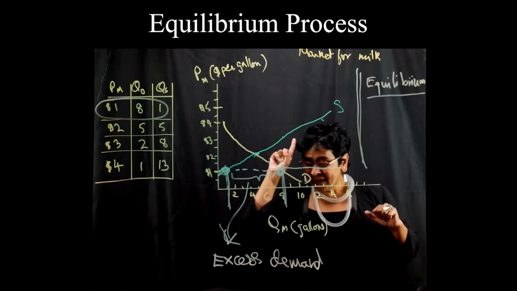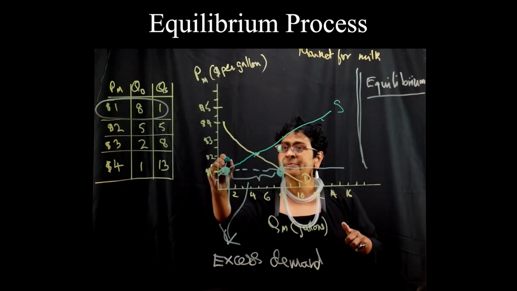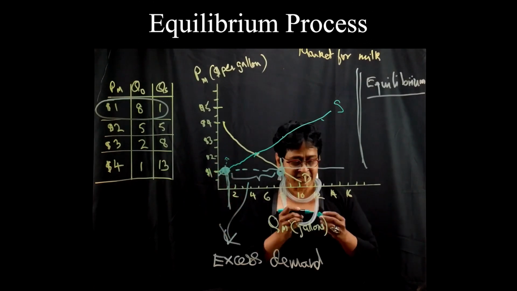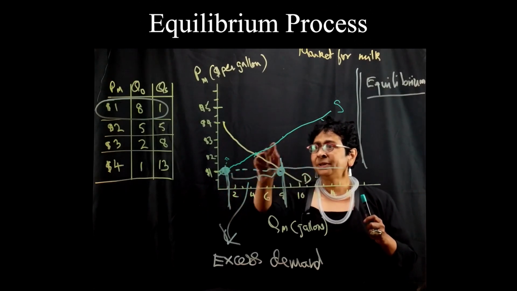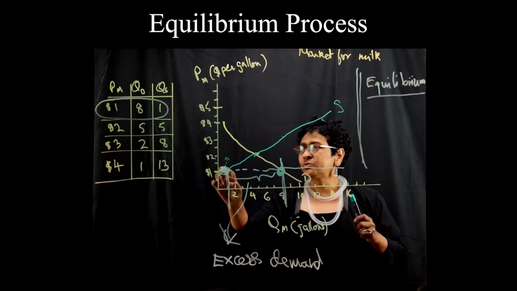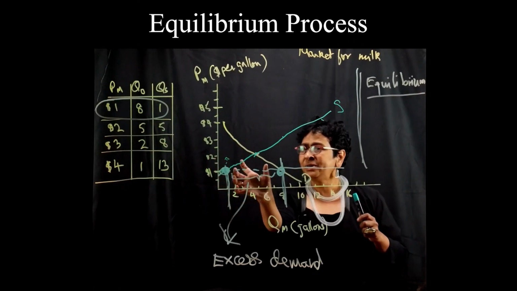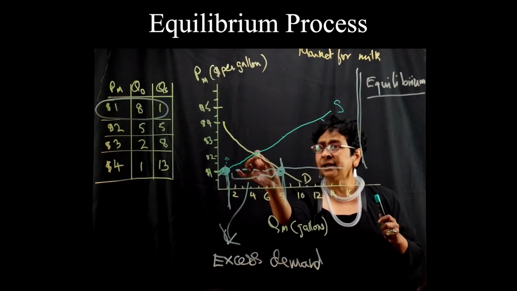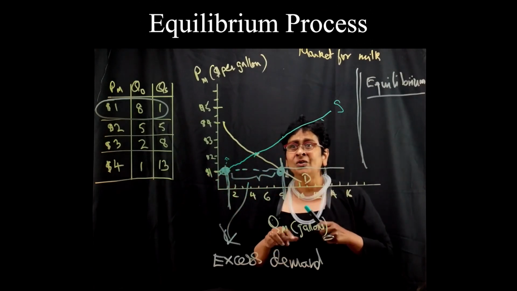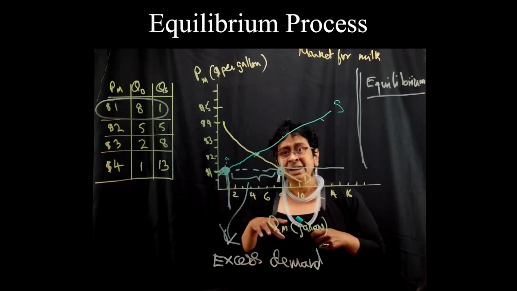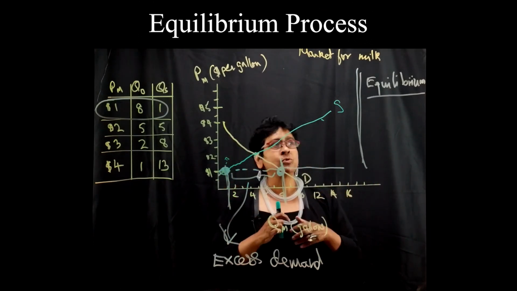And then as they raise prices, the price starts creeping up. And as they do that, along the supply curve, let's say the price goes from $1 to $2, then this shortage starts shrinking, because as the prices rise, suppliers start increasing their quantity supplied, and as the prices rise, consumers start cutting back their quantity demanded.